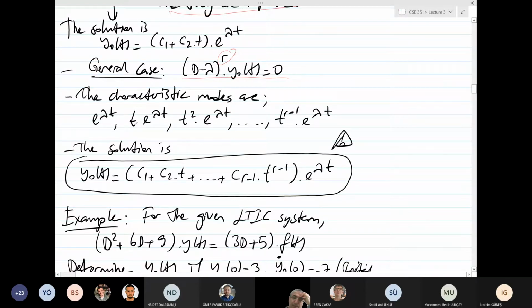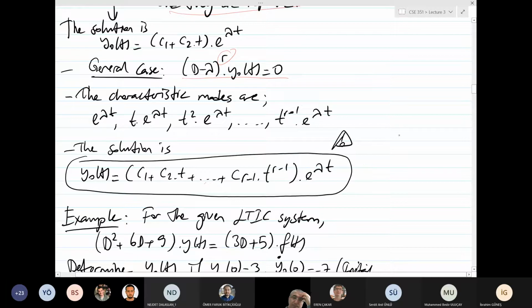So the general solution for the repeated root case then becomes as follows, which is y0 of t is equal to c1 plus c2 t plus and so on up to c_r times t to the power of r minus 1, times exponential lambda t.